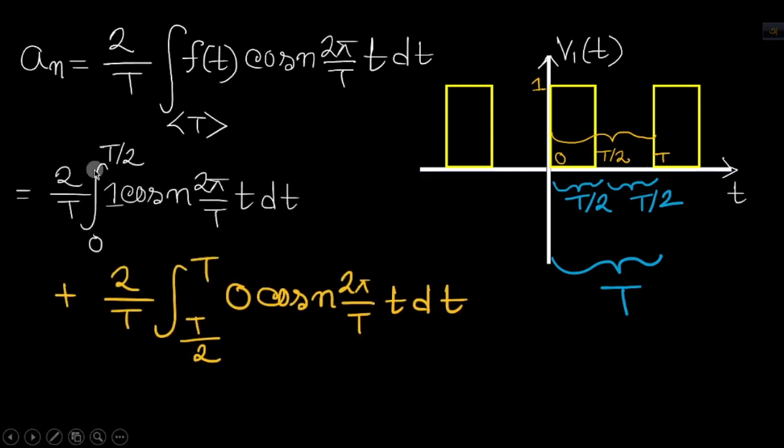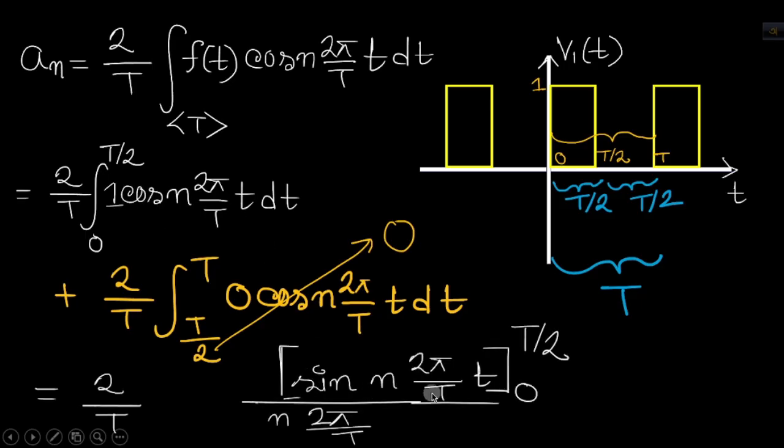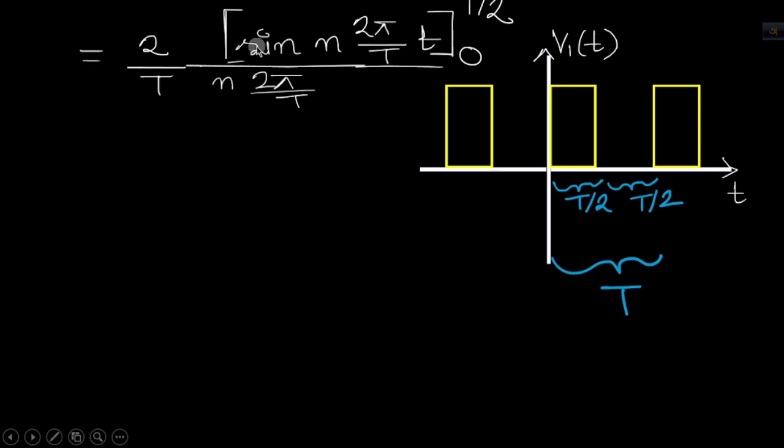So we can do the integration like this. For the first region f is equal to 1, and for the second region it is 0. So again the second term is equal to 0, and we have to do the integration of the first term. If I integrate cos, we will have sine here. So let's write this here.